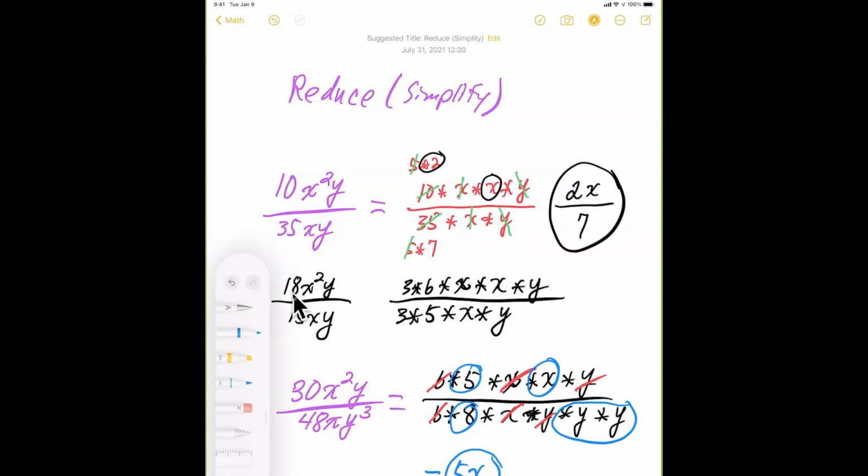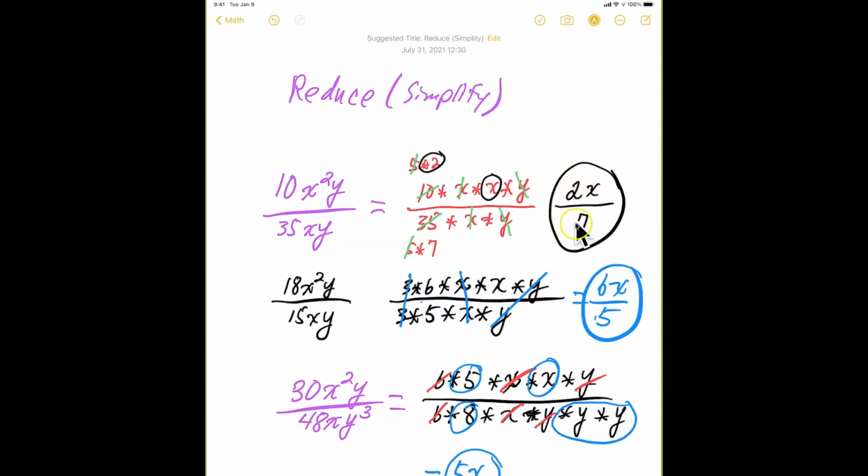And then we'll do a different color. We'll play fish. So 3's go out, x's go out, and these y's go out, leaving 6x over 5.